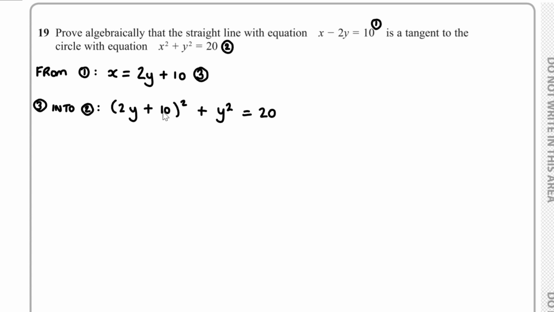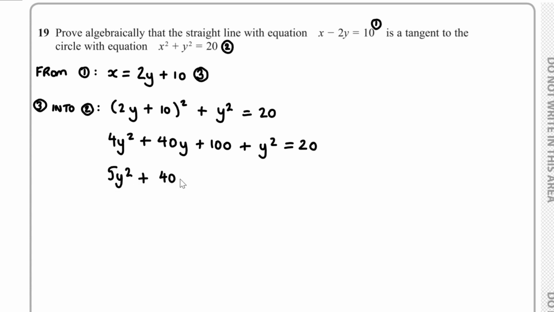Now we need to expand and simplify all this. Well, 2y all squared is 4y squared, plus 40y plus 100, plus another y squared we've got from here, and all of this is equal to 20. If we gather all the terms on one side, we've got 5y squared plus 40y plus 80 equals 0.